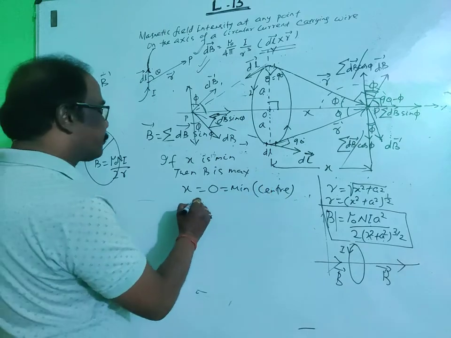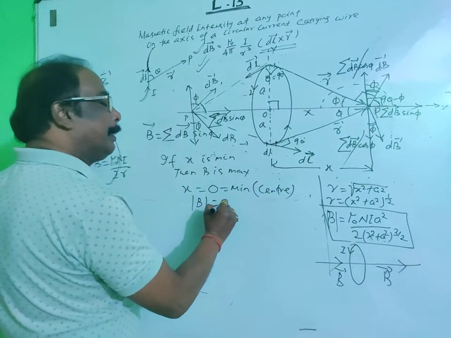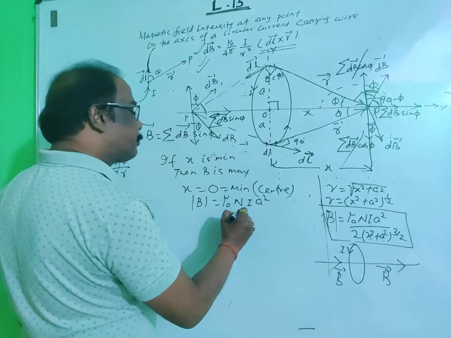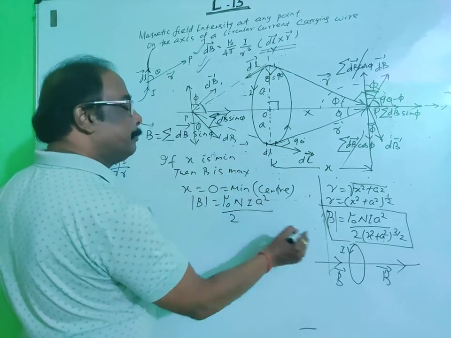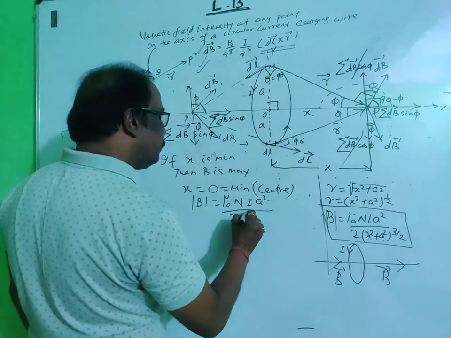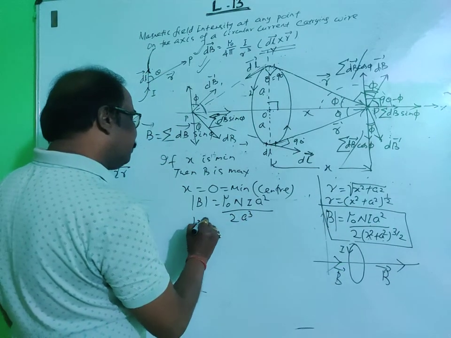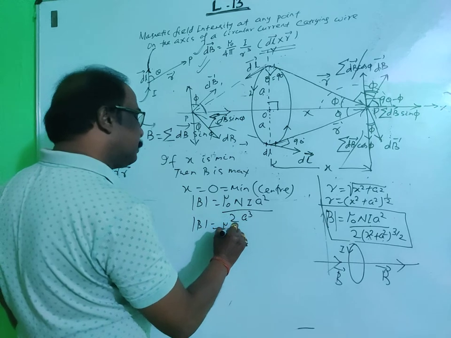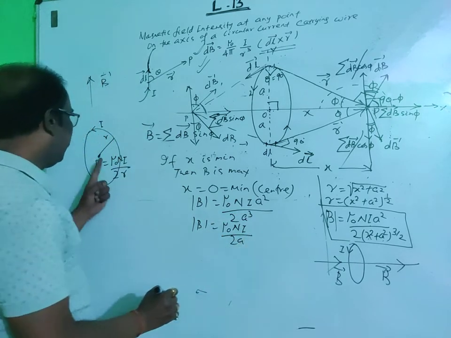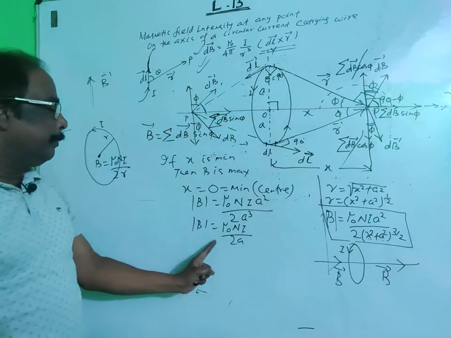Here the magnitude of magnetic field is mu naught n I a square divided by 2 times (x square plus a square) to the power 3 by 2. If x is 0, then a square to the power 3 by 2 means a cube. Then the magnitude of magnetic field is mu naught n I by 2a. Here radius is R, there radius is a.